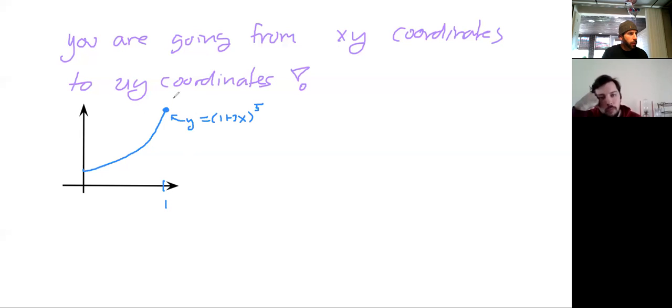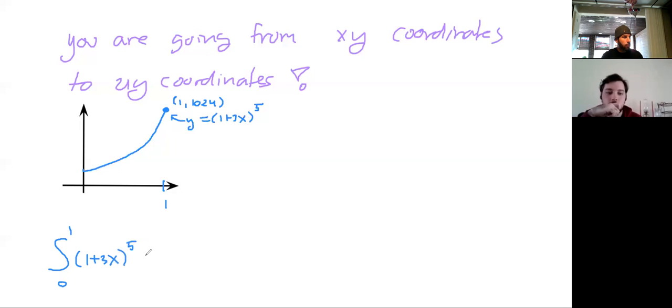So this is the point (1, 1,024). Yikes. So this integral that we originally started with, if you want, you can think of it as being the area under this curve. That's what you can think of it as.